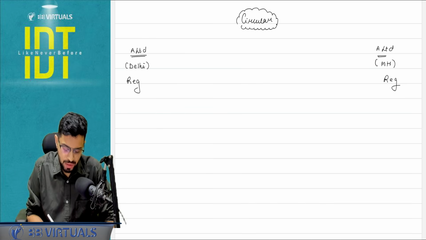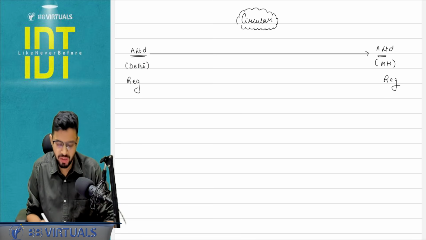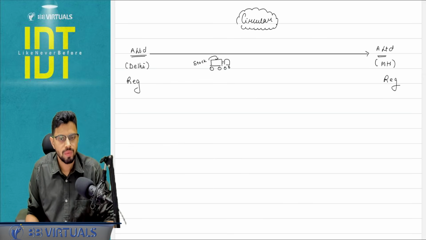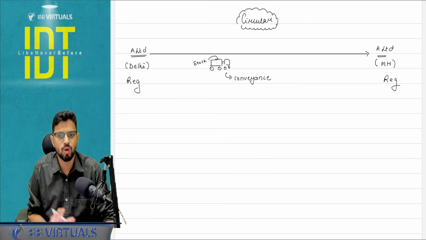One fine day, what happens? The Delhi unit sends certain stock through a conveyance. So there is a small truck which is loaded, in which there is certain stock. And this is the conveyance. First understand what is happening.